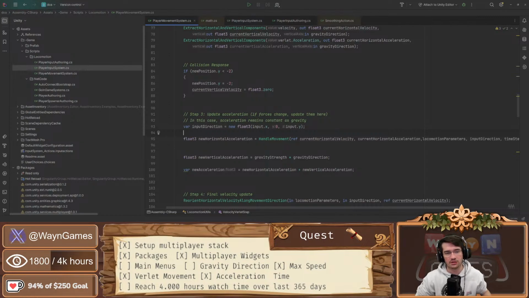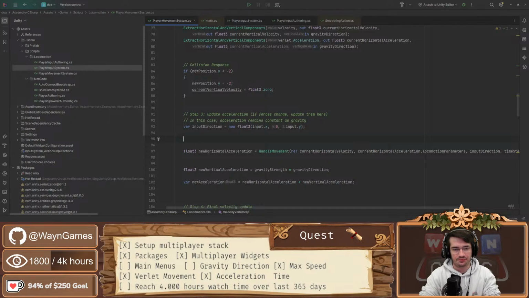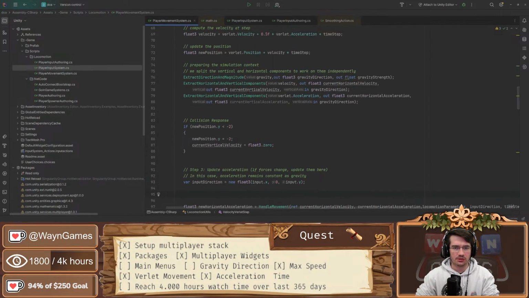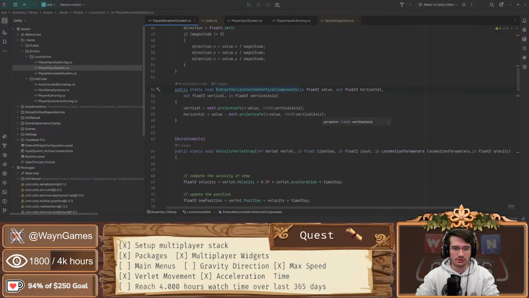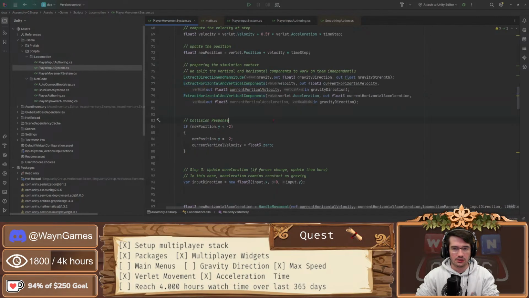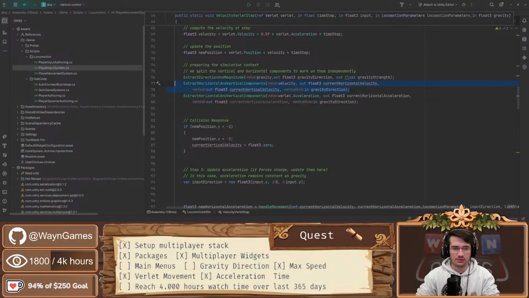So now I have this input direction. I can compute the projection of that on the plane. I think we did projection math here. I can actually do that.